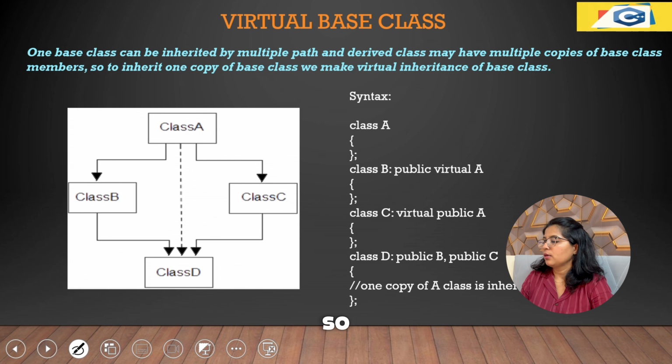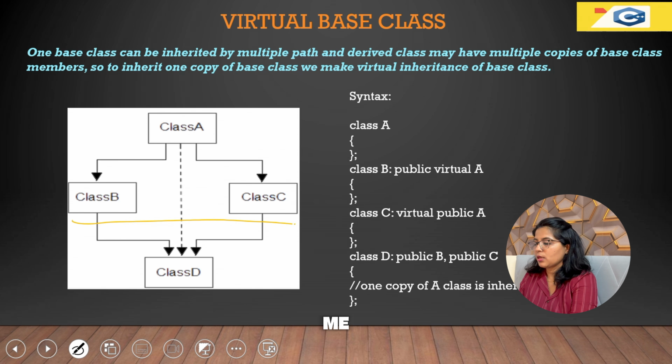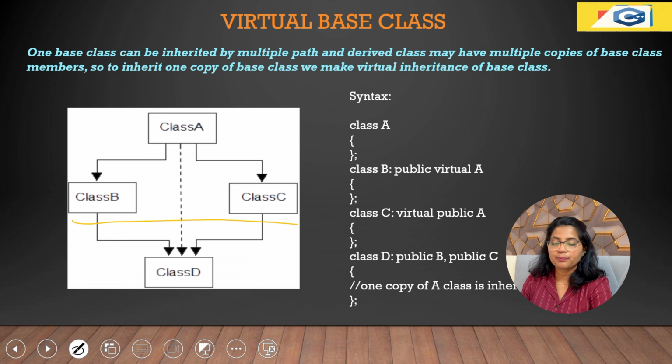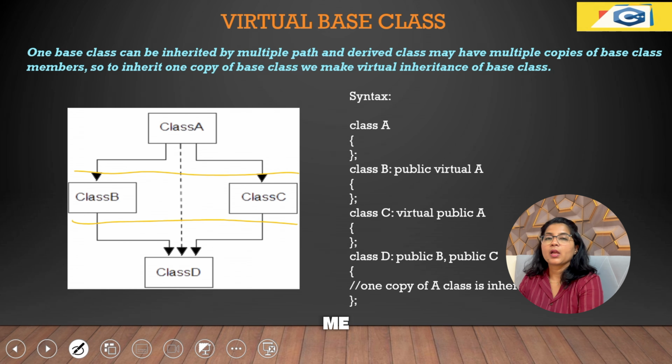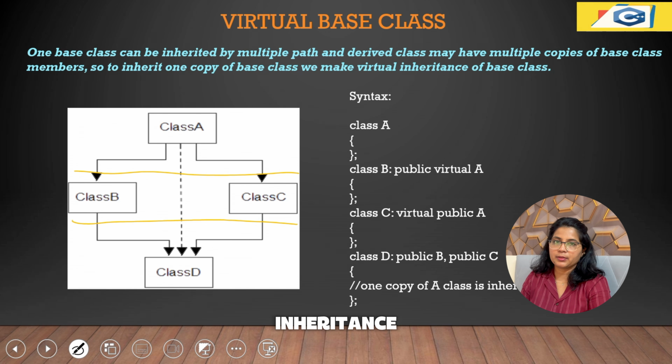Class A, B and C is giving me hierarchical inheritance. Class B, C and D is giving me multiple inheritance. Okay, so this is a hybrid inheritance.